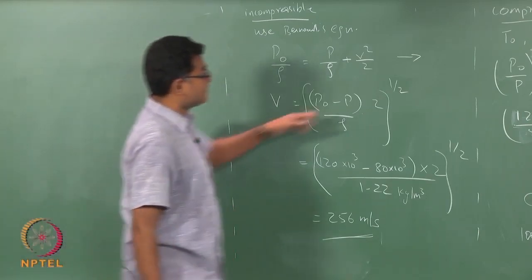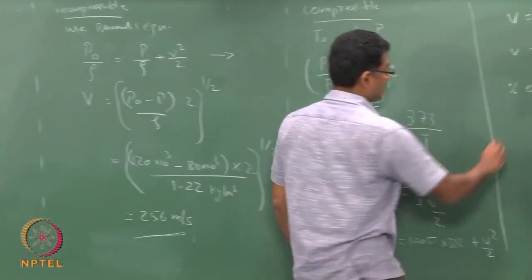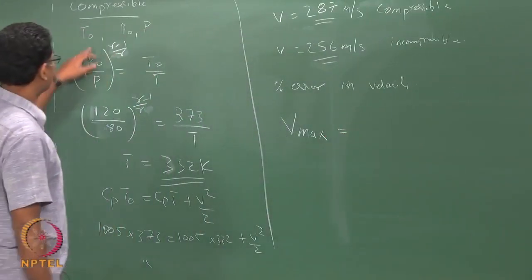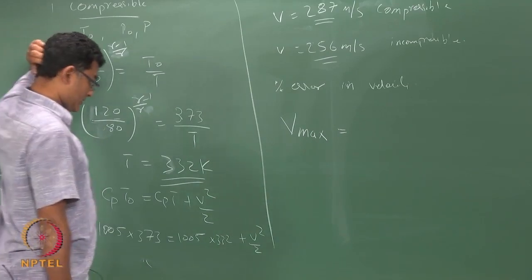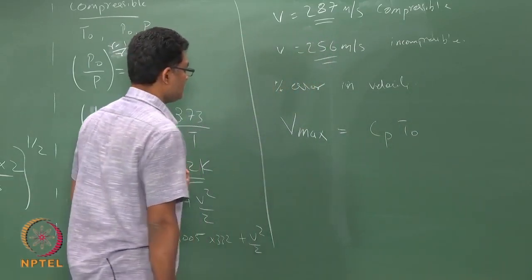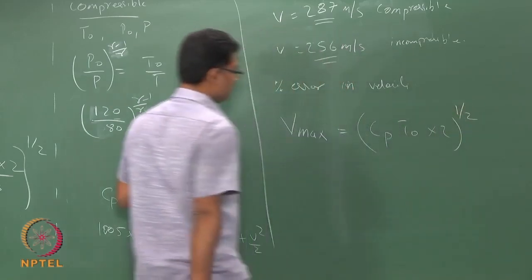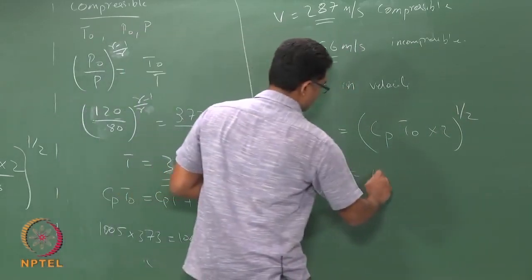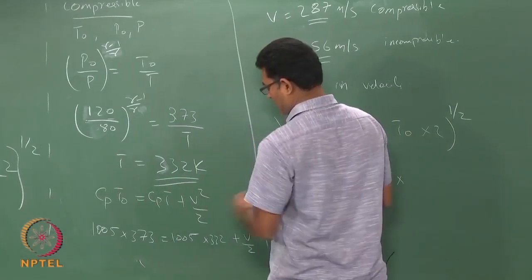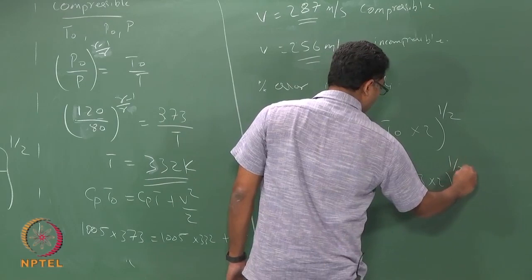You can also find the maximum possible velocity with this T0. So, V max for given T0 equals (2 Cp T0) to the power 1 by 2. So, 1005 into T0, which is 373, into 2, power 1 by 2.